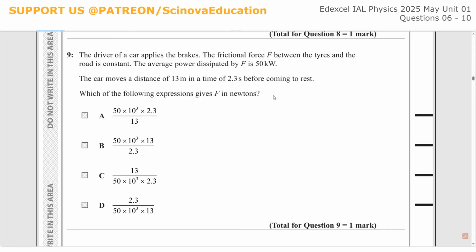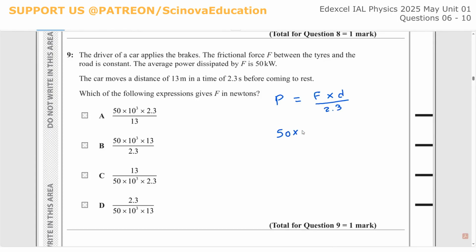So work done by the frictional force is given by force times the distance. If we divide this work done by the time it is being applied, we get the power dissipated due to the frictional force. In this problem, they have given us the power as 50 kilowatt.